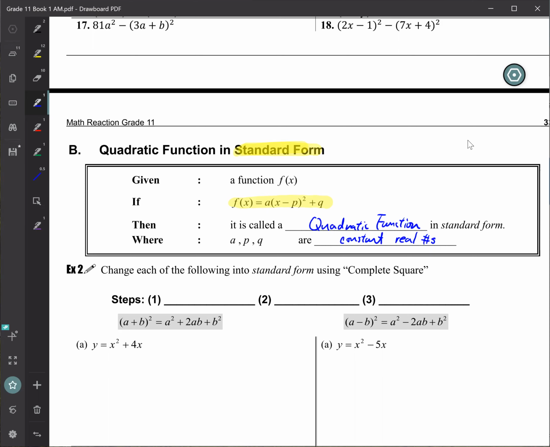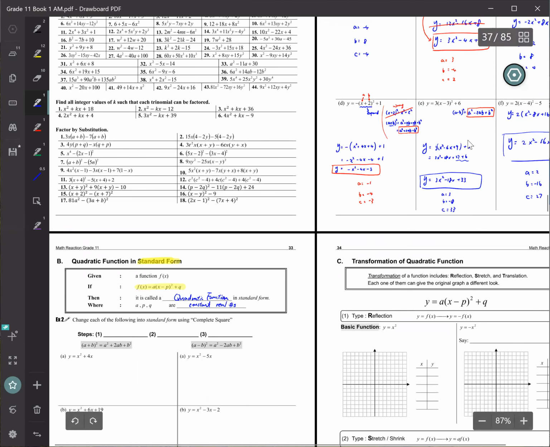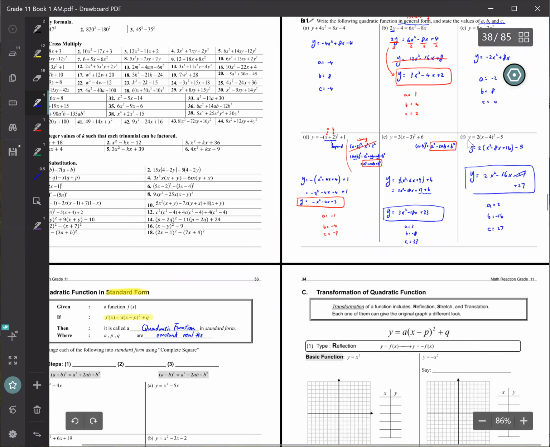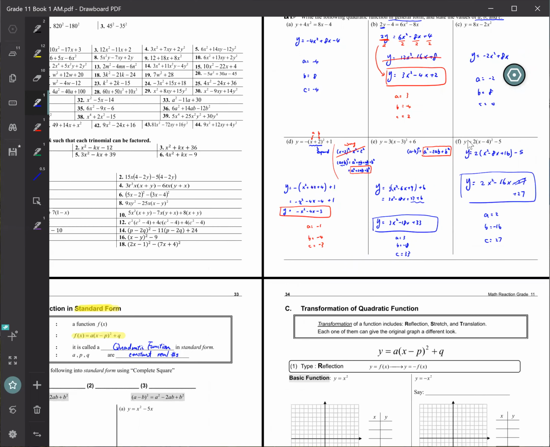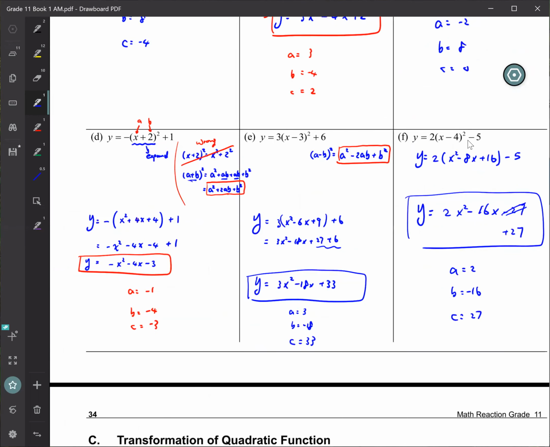Okay, so if you compare the standard form with the question on the previous page, if you look at D, E, and F, each of them has the brackets, right? So in fact, questions D to F are in the standard form.